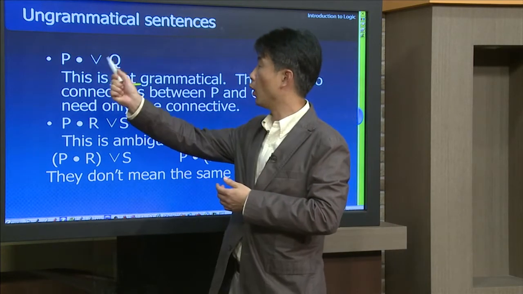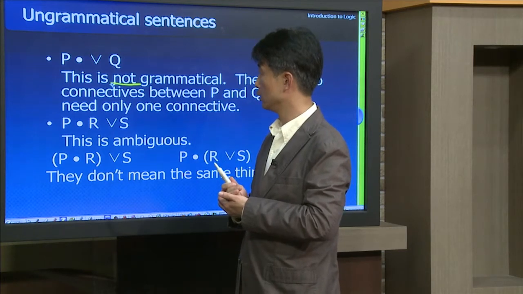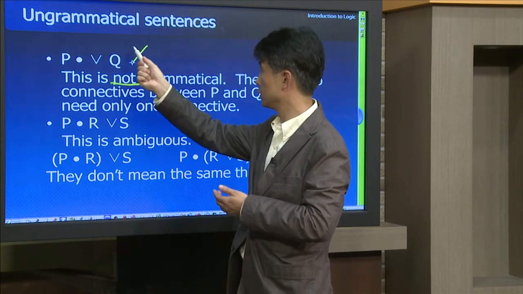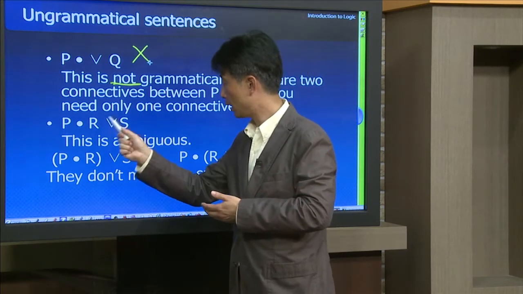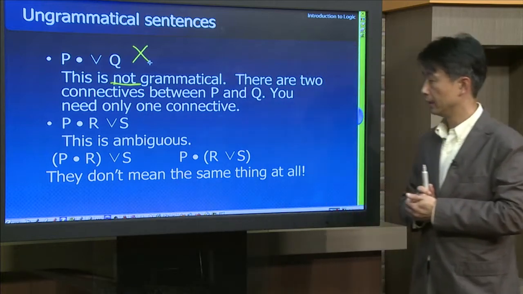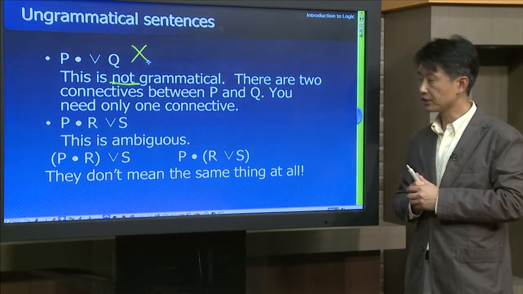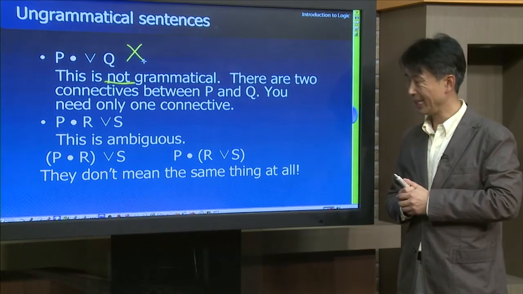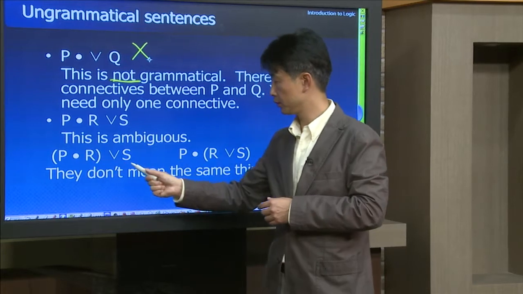So there should be only one connective in between P and Q. So we should not write this. How about that? P dot R wedge S. Is this grammatical? The expression as such is ambiguous in that it can mean this.